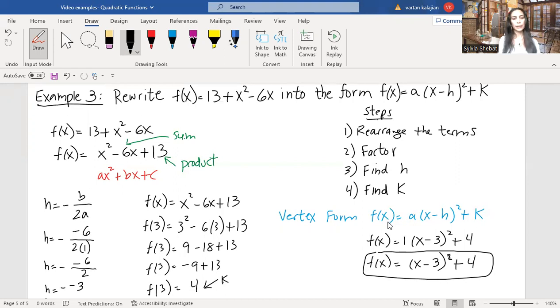What I could have done is taken the general form that's given to me and, instead of doing all this, I could have completed the square. Completing the square has its own separate way of doing it, and I'm not covering that in this video either, but that is another option if some of you would prefer doing that. So you could complete the square and arrive at the vertex form rather than going through all this process. So that's just letting you know.